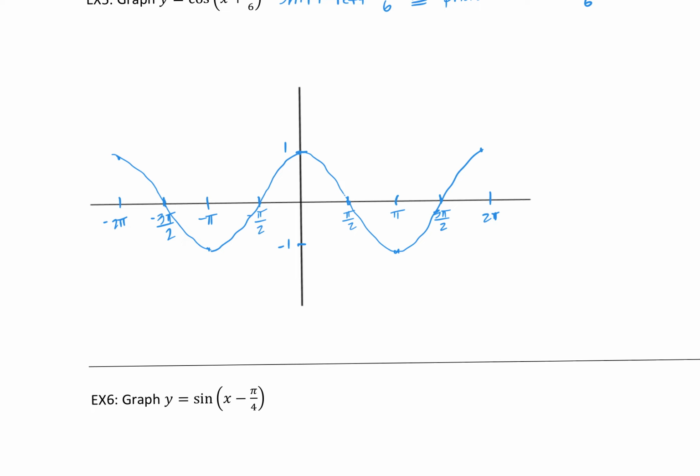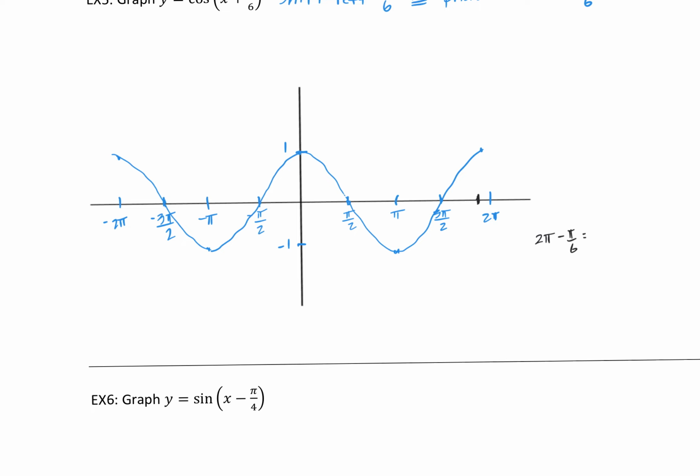And now when I shift pi over 6 to the left, I'm going to take this whole graph and go left pi over 6. So imagine that moving left pi over 6, we're going to subtract, which is why our phase shift is a minus. We're going to subtract pi over 6 from each one of these key values. So let's see, 2 pi minus pi over 6.